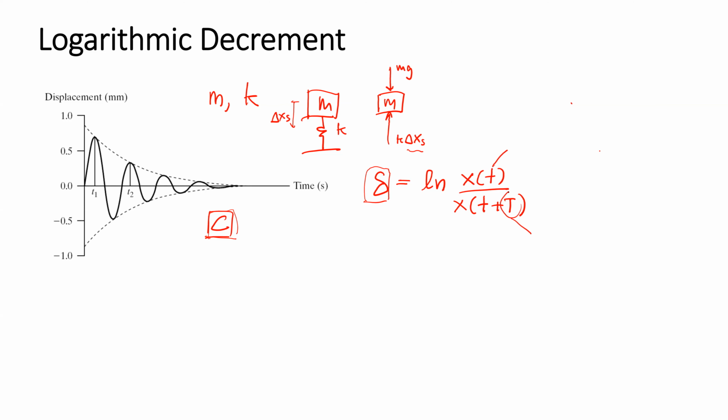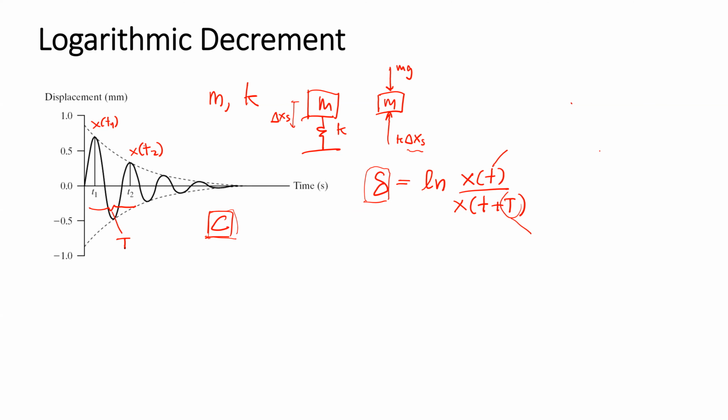So if you see in the picture, x(t1) is here and x(t2) is here. And between t1 and t2, the time difference is the period.